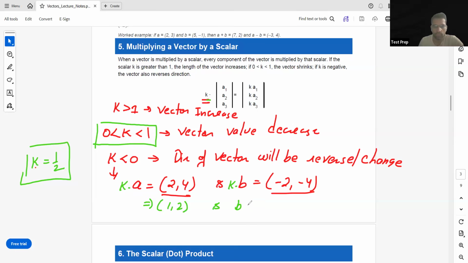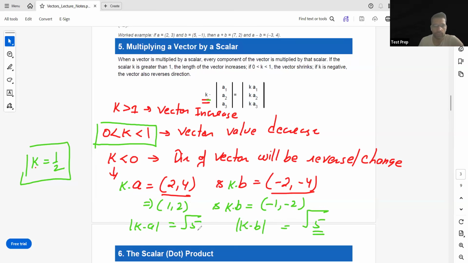Similarly, this one becomes minus 1 and minus 2. When we find the magnitude of k into a, it becomes under root of 5. The same for the magnitude of b, which is equal to under root of 5.